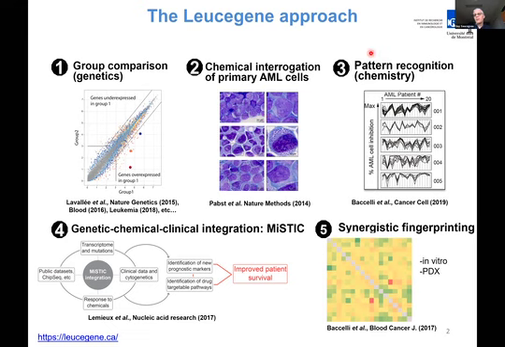The third pillar is what we call pattern recognition, and we've realized by putting lots of compounds on a lot of primary specimens that there's a very strong tendency for many of these compounds to give us the same pattern of sensitivity. So in graphs like these that you will see, each line represents a compound, a different compound, and each of the vertical points from 1 to 20 in this case represents a patient specimen.